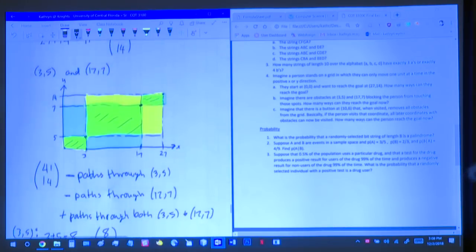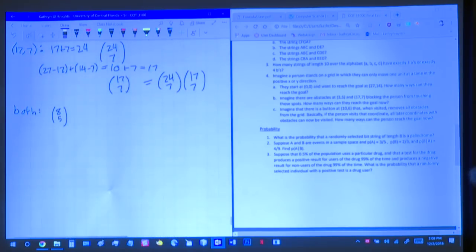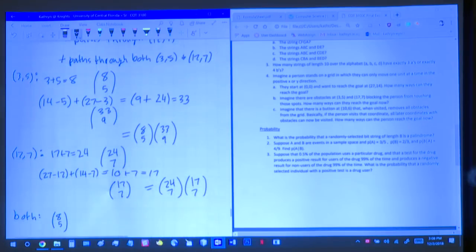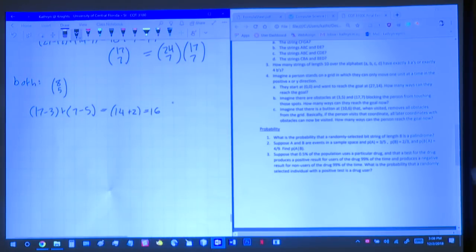And then we'll need to calculate how many go from here to this point, and that would be 17 minus 3 plus 7 minus 5 equals 14 plus 2 equals 16, and we'll choose 2, so that would be 16 choose 2.